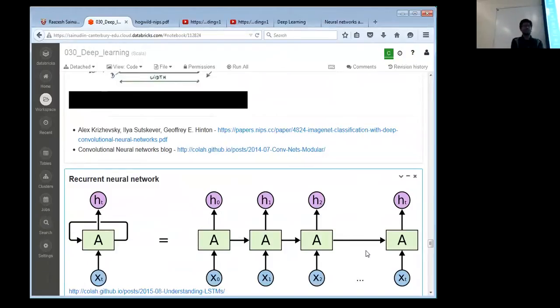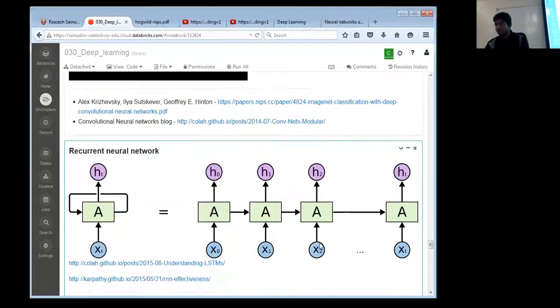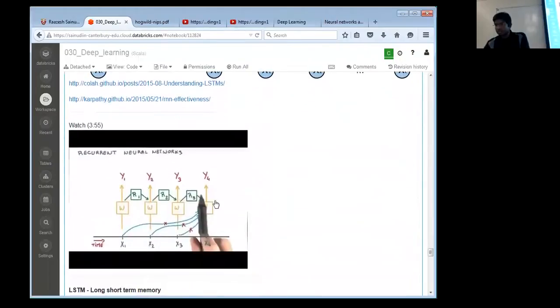We get new words as we read through the document, or new sounds as we go through an audio clip. This is how it looks. So I'll play this video.